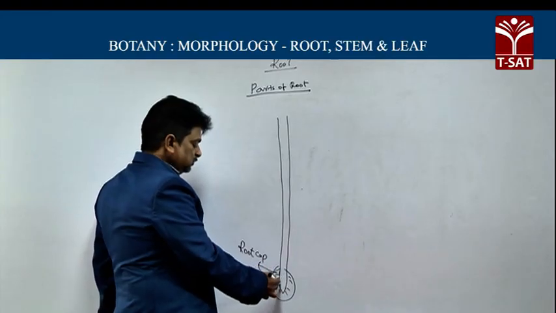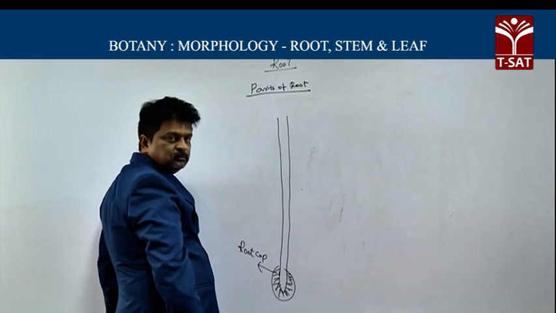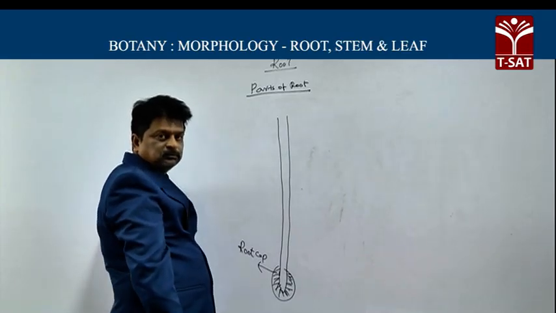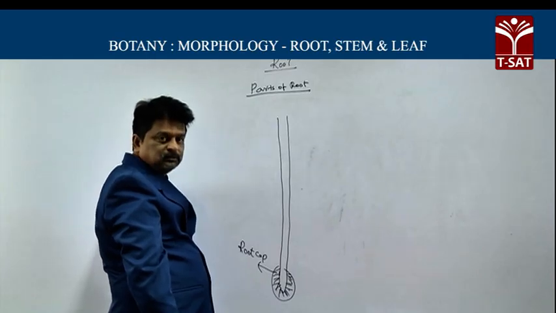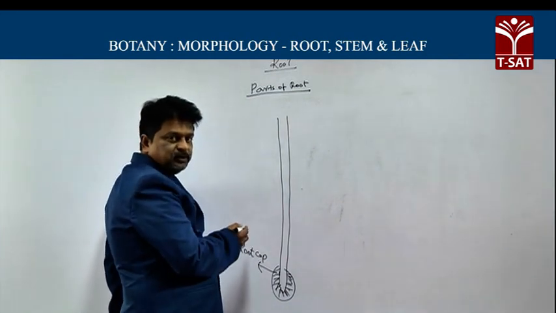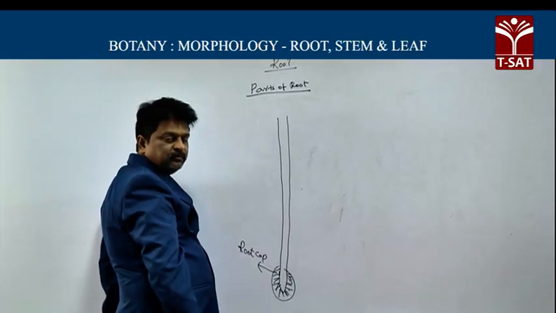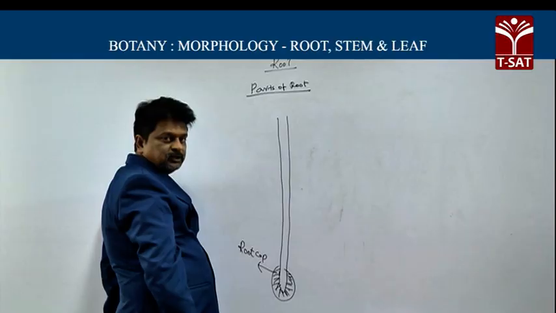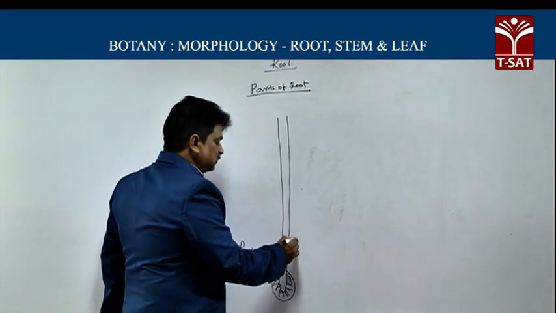Function of the root cap: it protects the root tip. The root cap is generally absent in hydrophytes. In some hydrophytes, the root cap is replaced by root pockets, present in Pistia and Eichhornia.